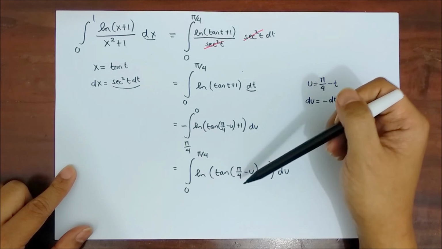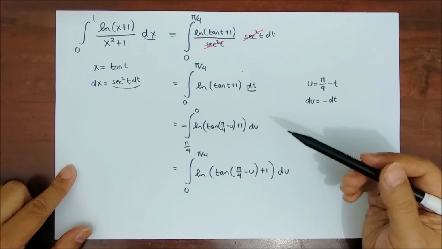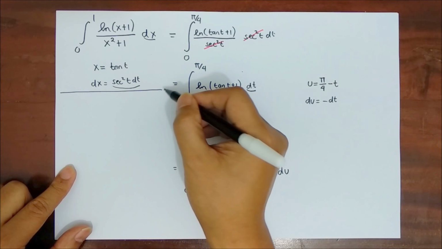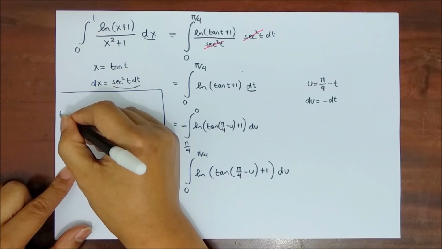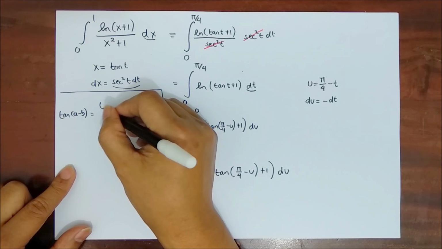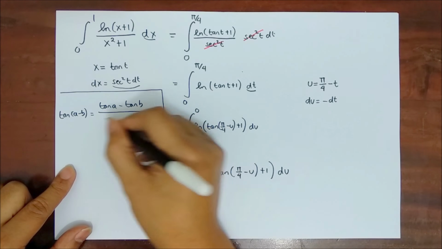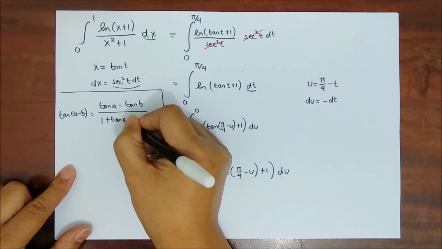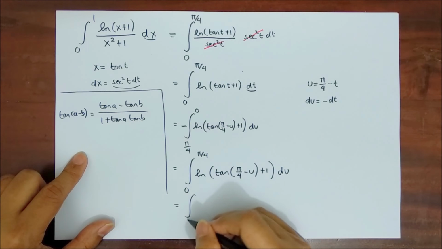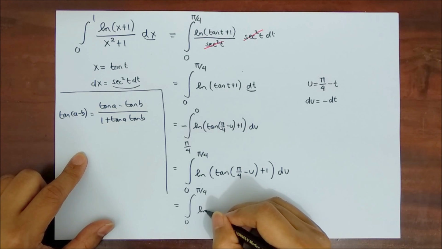To make this expression simpler, let's use a tangent identity. Recall that tangent of a minus b is equal to (tan a minus tan b) over (1 plus tan a tan b). So this expression can be turned into the integral from 0 to pi over 4 of ln.